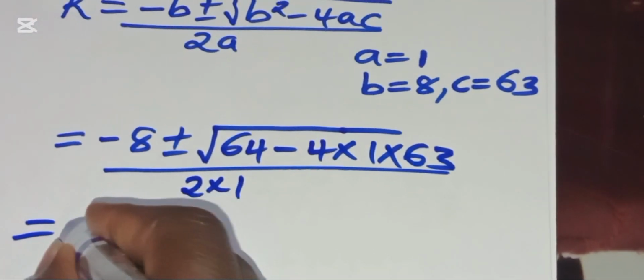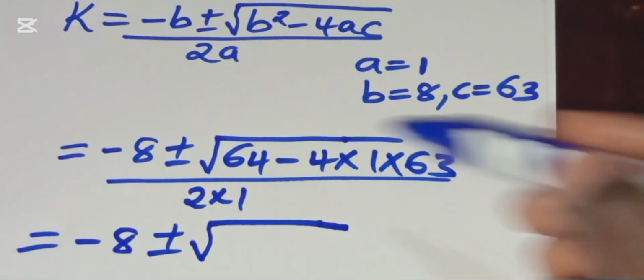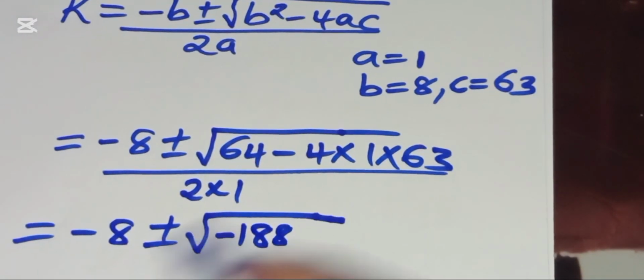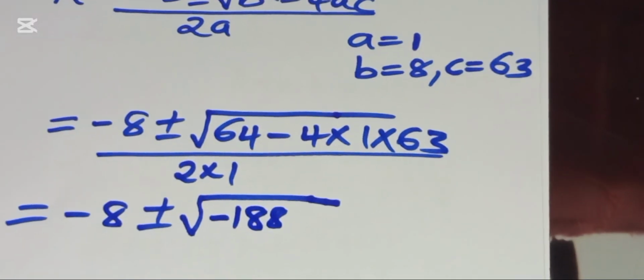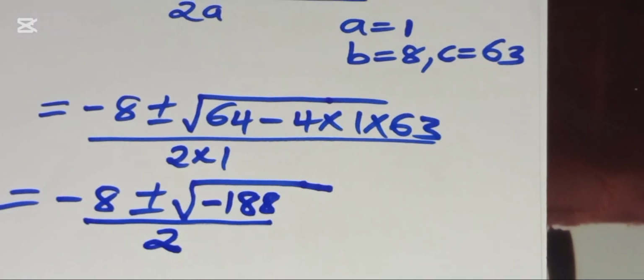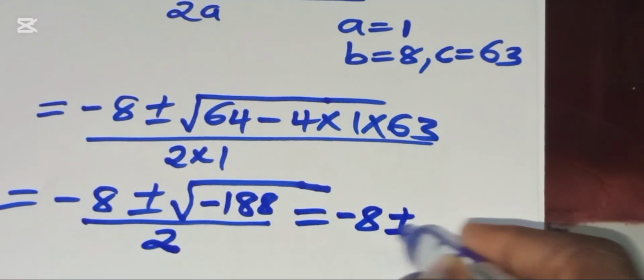So we have negative 8 plus or minus the square root of negative 188, since 64 subtract 252, divided by 2.